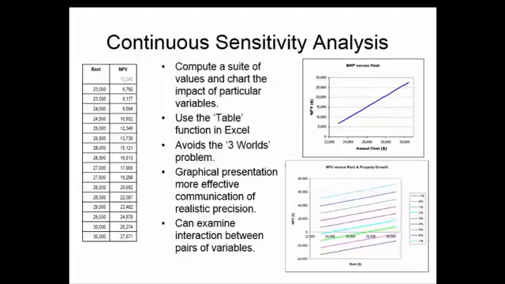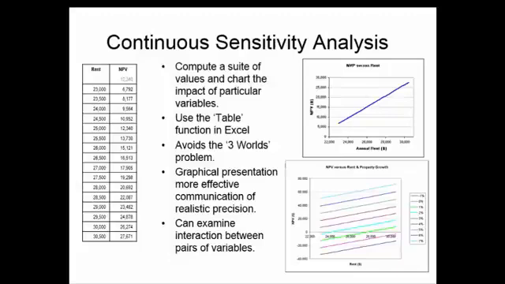And the reason for this is that a graph is very effective at communicating the overall trend and the rate of change in the output variable, the dependent variable, the net present value in this case, for changes in rent. And this means that the client themselves are able to put their finger on where they think rents are going to go and then read off the net present value result.